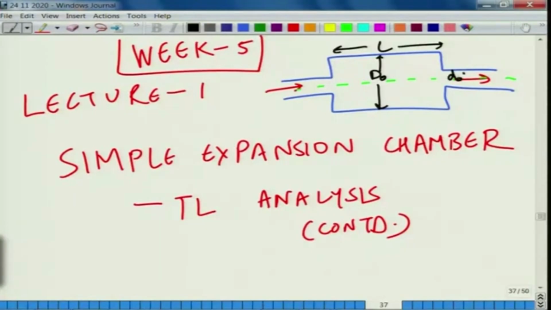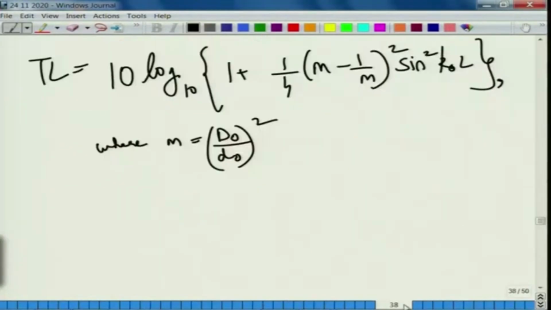So, as we can clearly see from the expression here, when is the transmission loss maximum and when is it minimum? Clearly it is a function of frequency, which is represented by the sine square function. So, when TL is maximum, of course, this sine square term must be unity, that is 1. Under such a situation we can just put it as 1 and simplify it further.